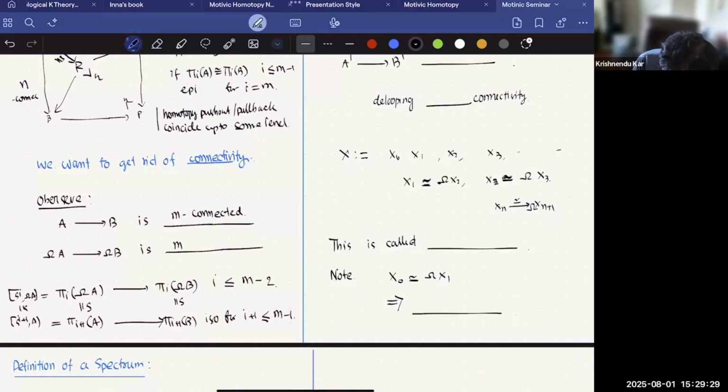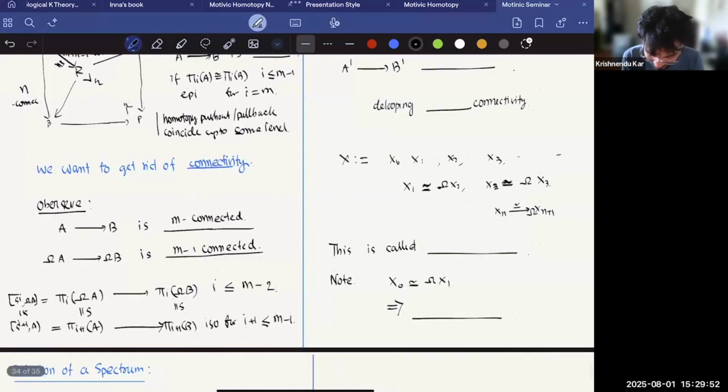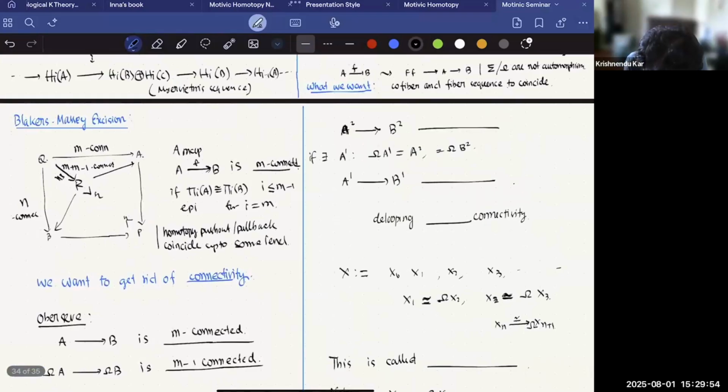So this is M minus 1 connected. So looping decreases connectivity, but we want the opposite, right? To increase the connectivity. So for that, we need to deloop it.